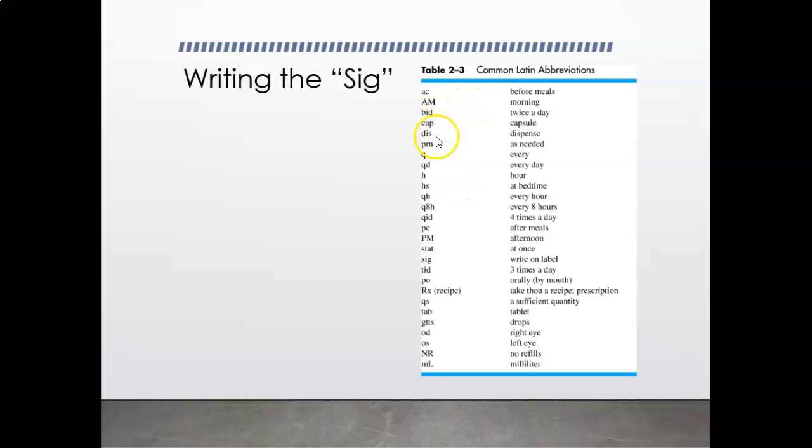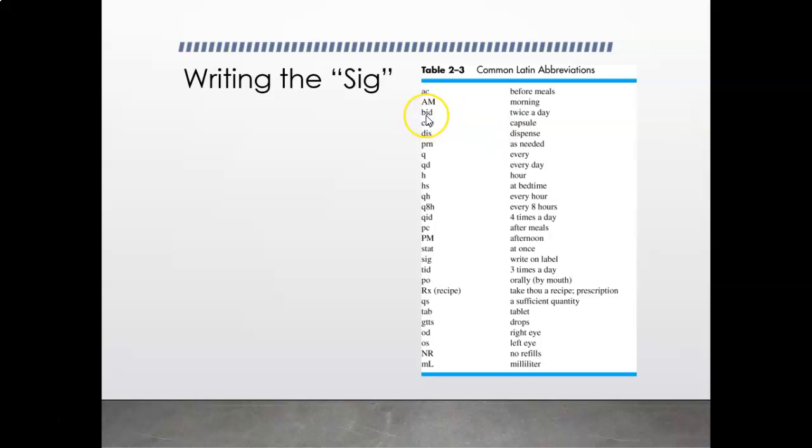So it's important, I would say, to write these down on flashcards and go through them. Some are going to be a little bit more intuitive, like TAB, tablets. Let's see, ml, milliliters, PM, afternoon, that kind of makes some sense, right? And then AM, morning, so that makes sense.